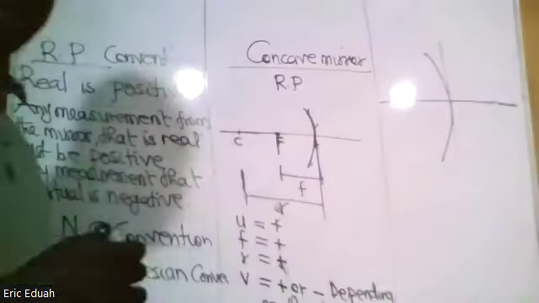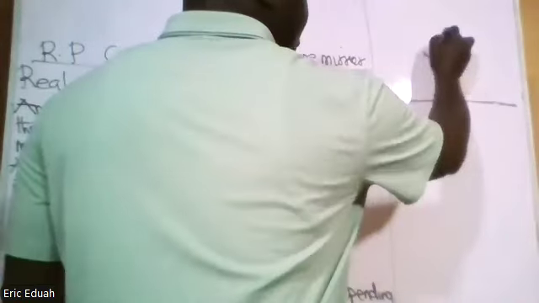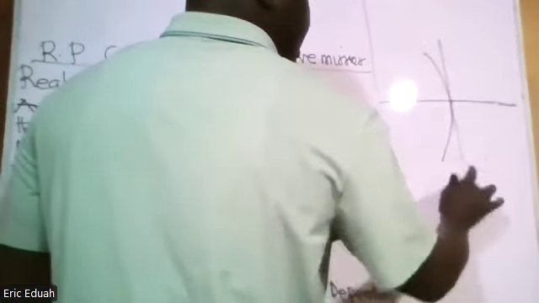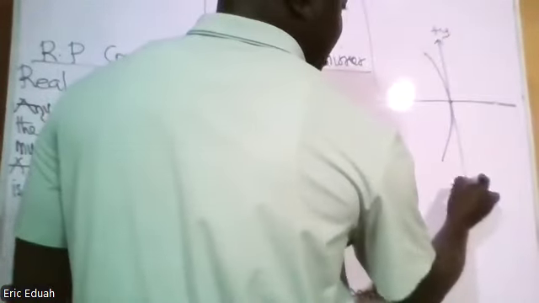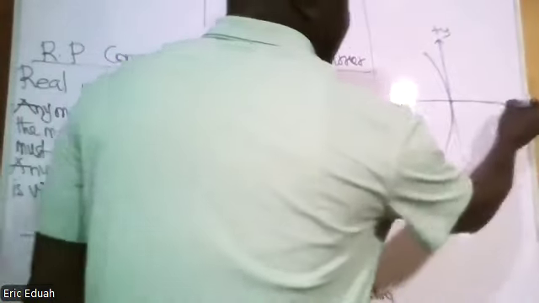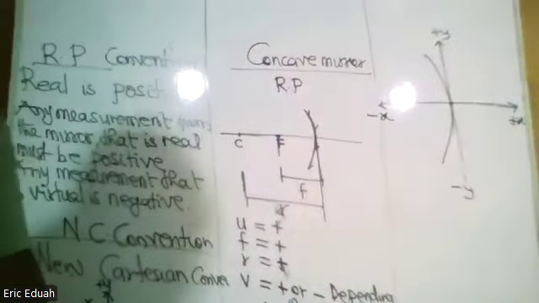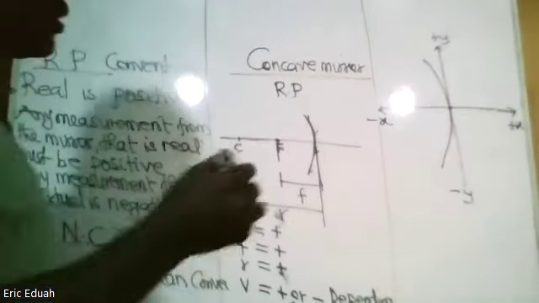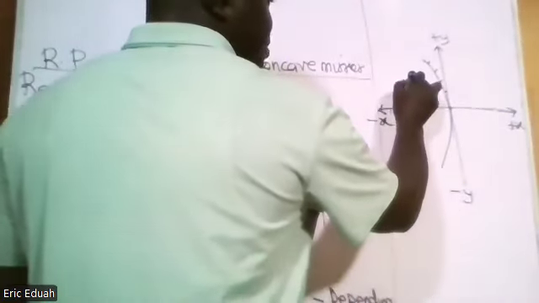So under this convention, any measurement in front of the mirror is negative X, behind is positive X, upward is positive Y, downward is negative Y. The object will always be placed in front of the mirror.